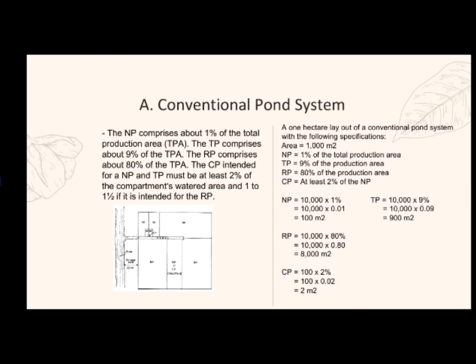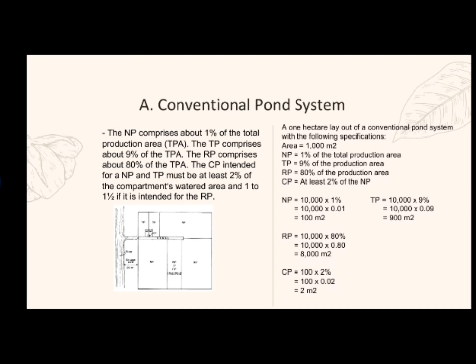The next nga atong solve is the transition pond. So, 10,000 times 9% of the production area equals 10,000 times, convert the 9% into decimal form. Mahimo siyang 0.09. 10,000 times 0.09 is equal to 900 meters squared. So, mao na siya ang answer sa transition pond.